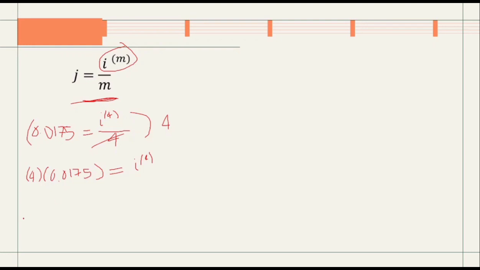Then simplify it. So the answer will be I raised to 4.